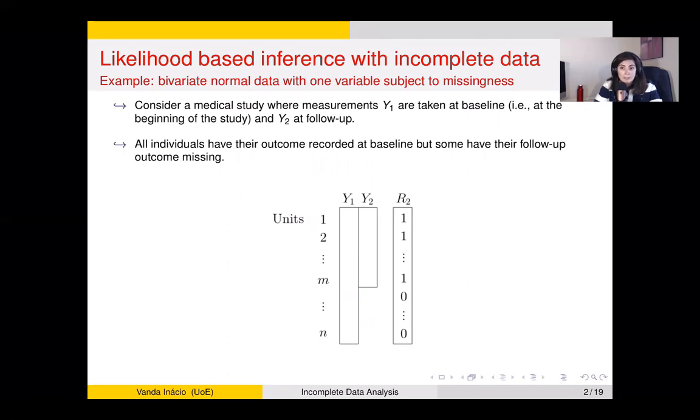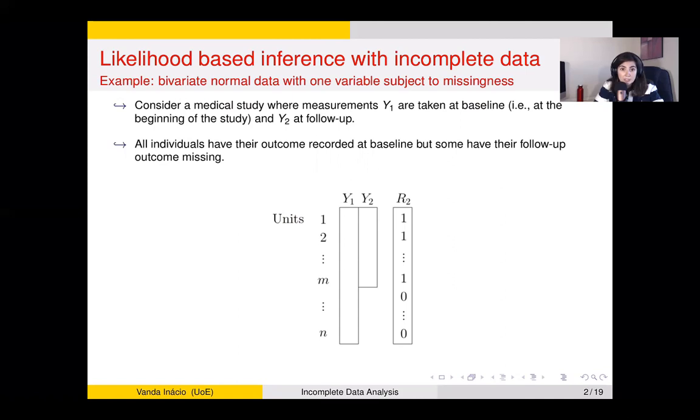So our context is the following. We have two variables, y1 and y2, and we assume that y1 is fully observed and that y2 has some missing values.